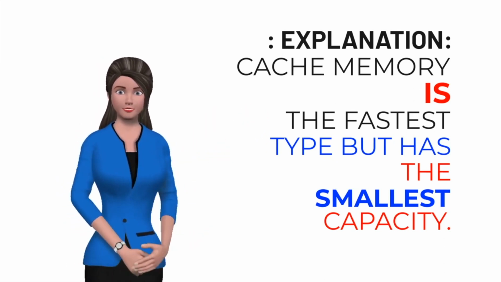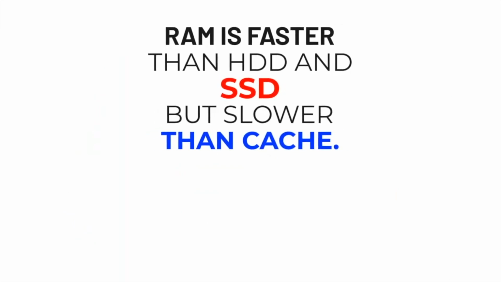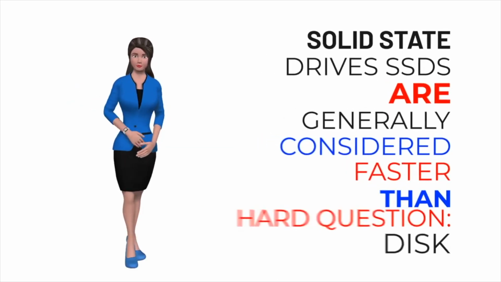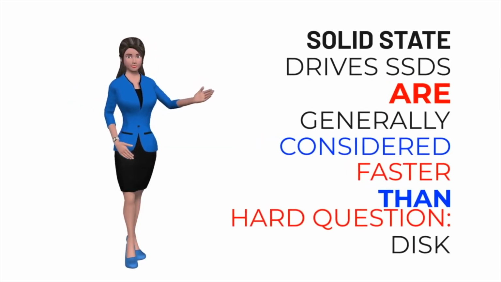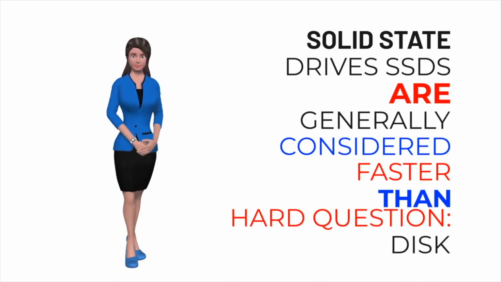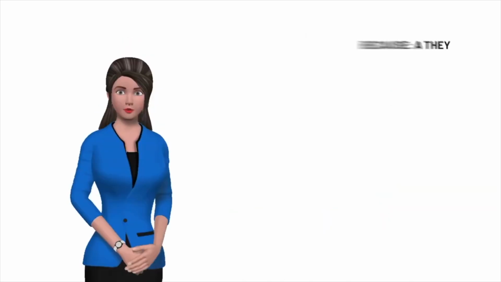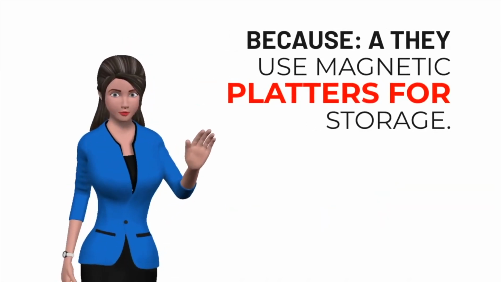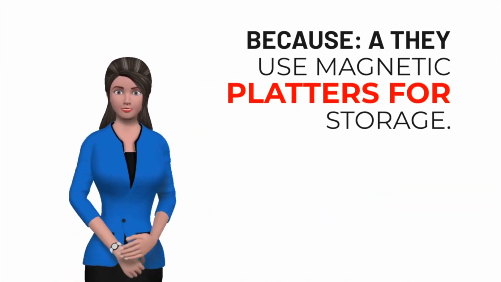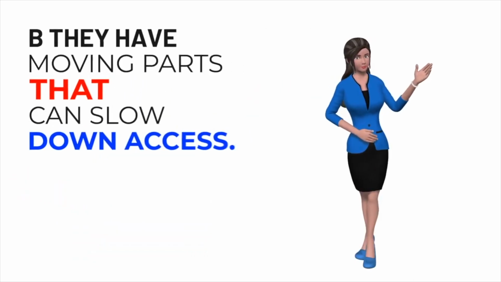Solid-state drives, SSDs, are generally considered faster than hard disk drives, HDDs, because: A. They use magnetic platters for storage. B. They have moving parts that can slow down access. C. They rely on flash memory chips for faster access times.